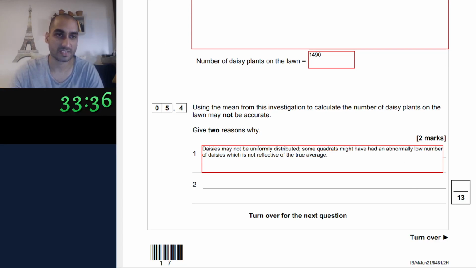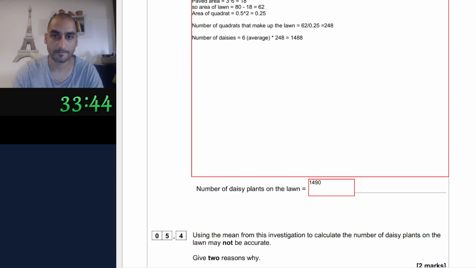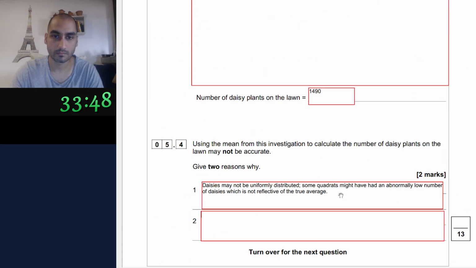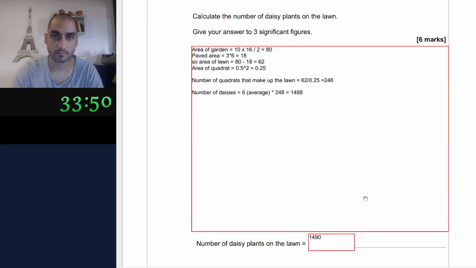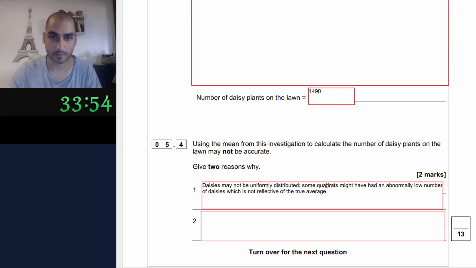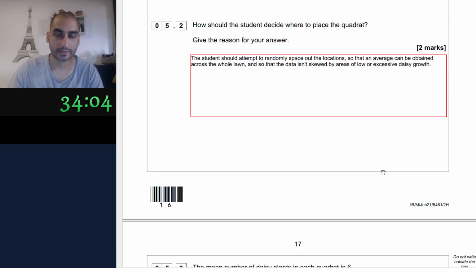But that's what you take the average for, to try to avoid. Let's say some parts of the lawn. What else?